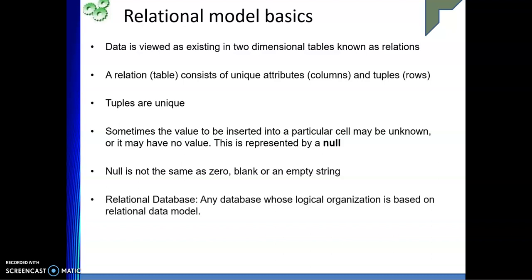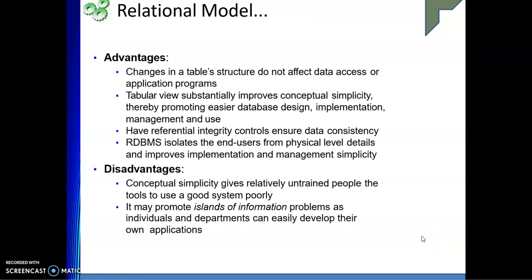A relational database is any database whose logical organization is based on the relational data model. An RDBMS is one type of relational database system. The advantage is an easier way of data design, implementation and management because of the tabular view.